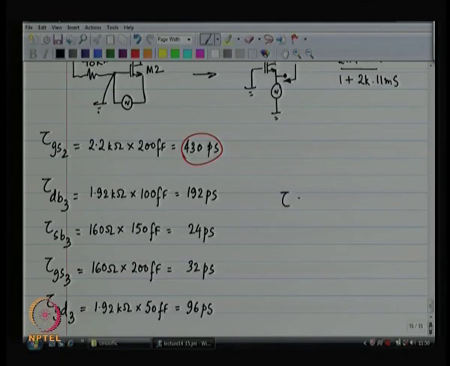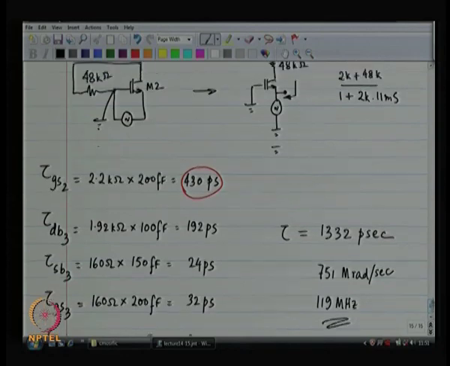Net I have got 1332 picoseconds, which gives me a net bandwidth, 1 by tau is the bandwidth, of 751 mega radians per second. Divided by 2 pi, that gives me 119 megahertz.